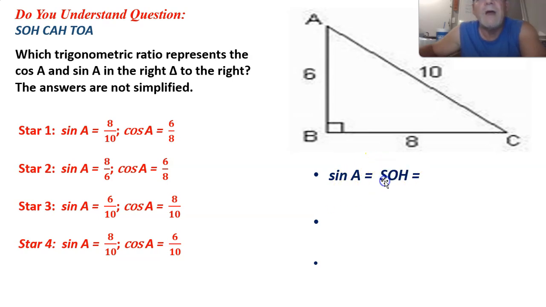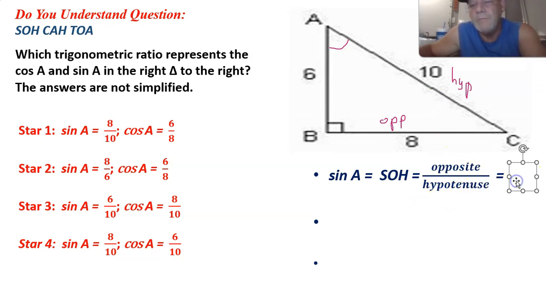So remember, the sine of A is SOH. So let's look at A. And we know that this is going to be opposite, and this is going to be the hypotenuse. So that would be 8 over 10.